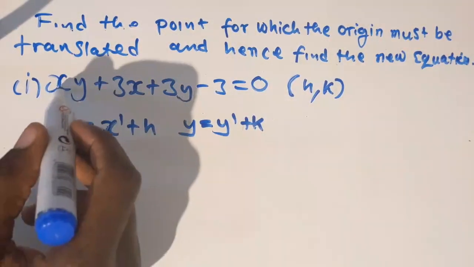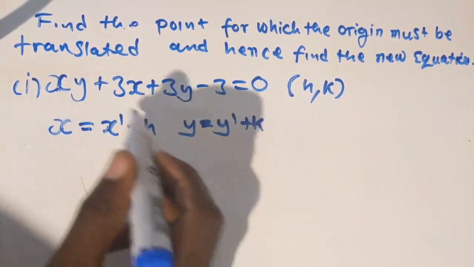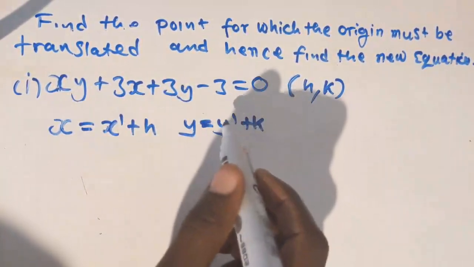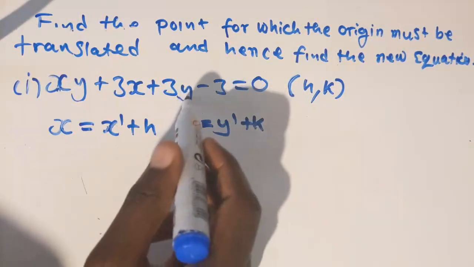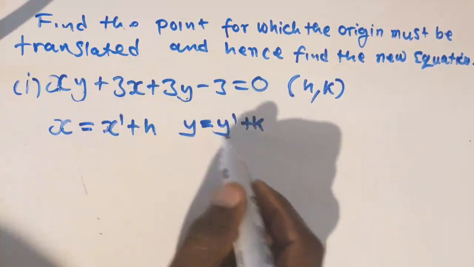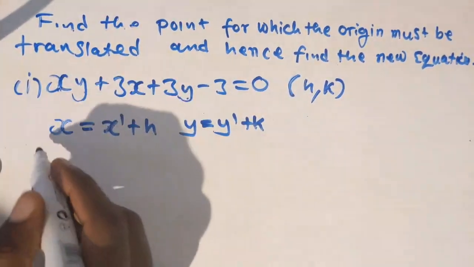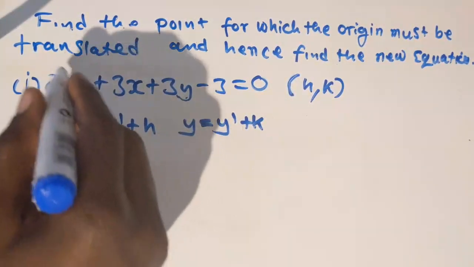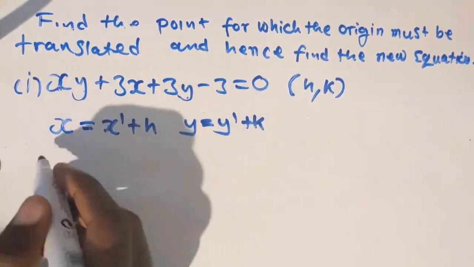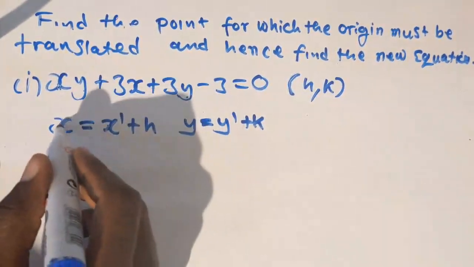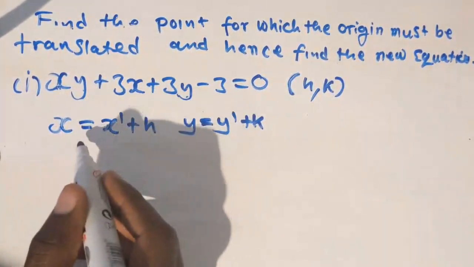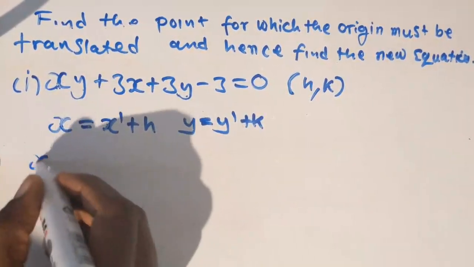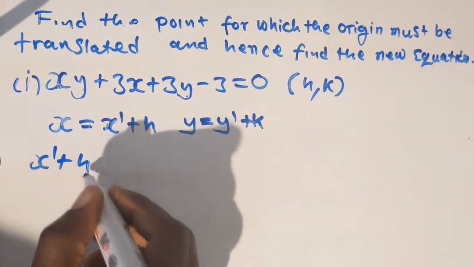So where there is x, you need to substitute this value. Where there is y, you need to substitute that value. So we are going to say x here, we replace it by x prime plus h.